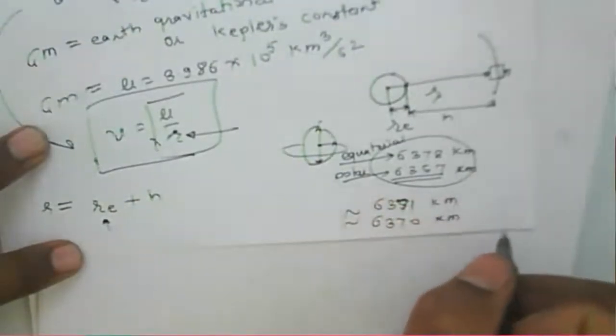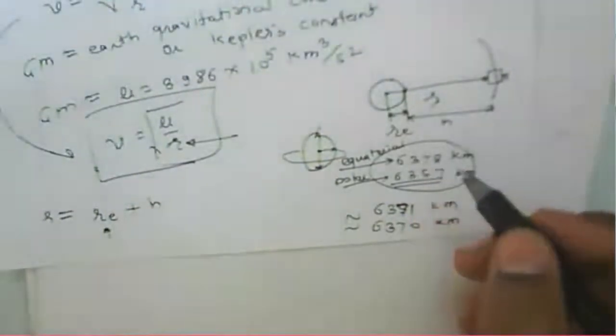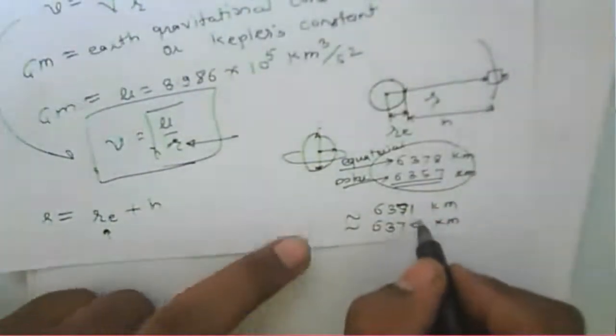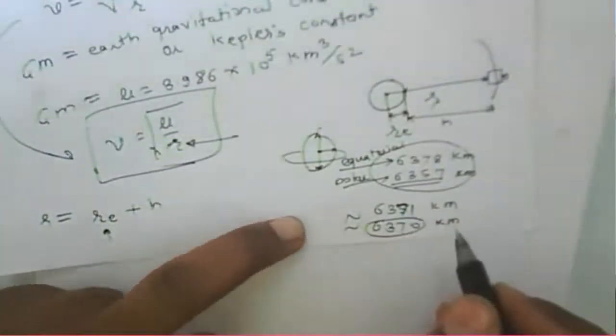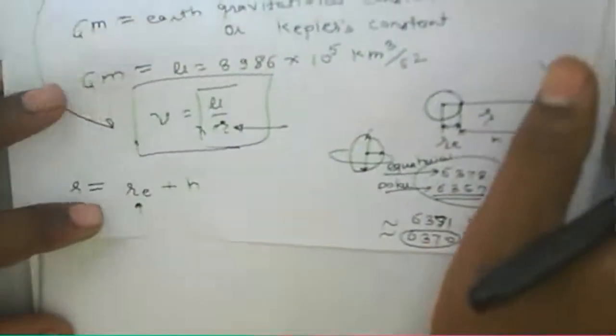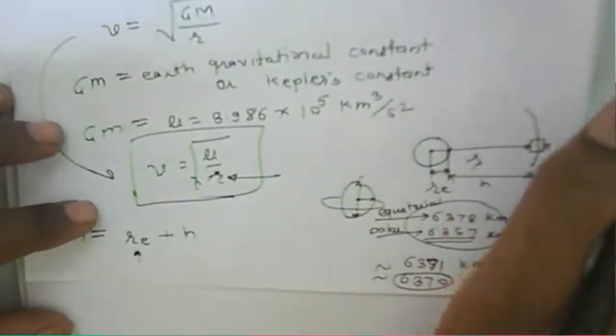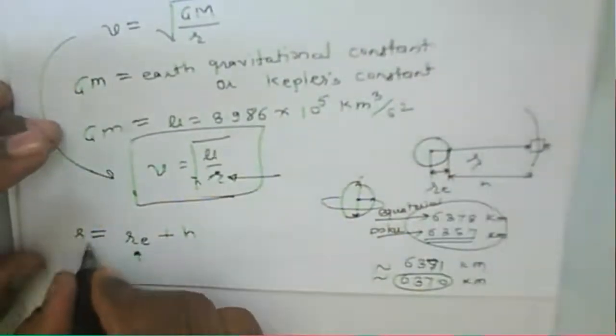So you should note what the statement mentions, whether a polar orbit or an equatorial orbit. Generally the approximate radius of earth to be considered is 6370 here in our book. But whenever a polar or equatorial orbit comes, we change it.